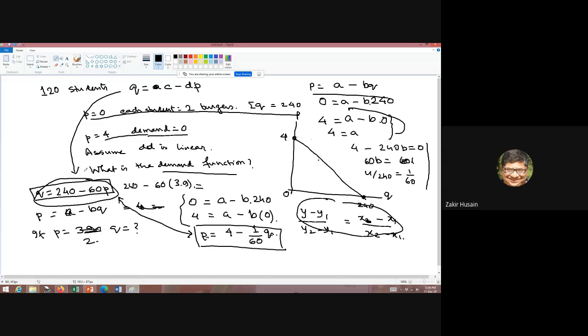In that case, you will get this equation, 240 minus 60P. Just check for yourself. It depends on how you write. So what's C here? C is the intercept and D is the slope.